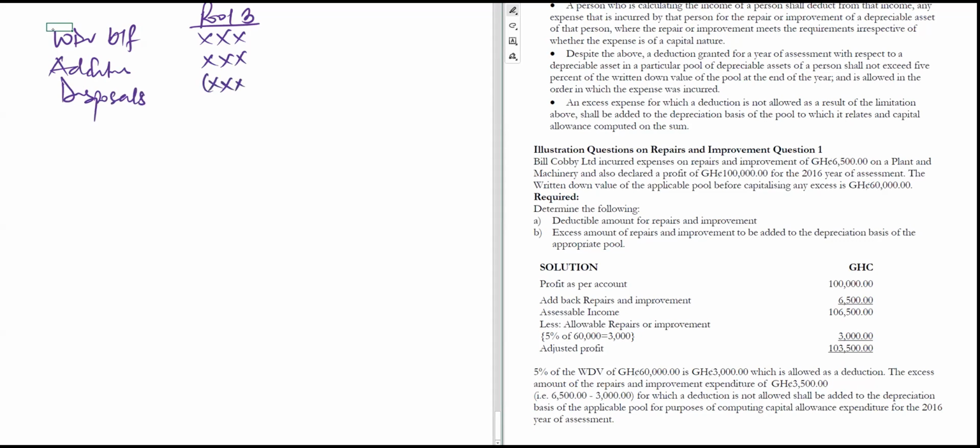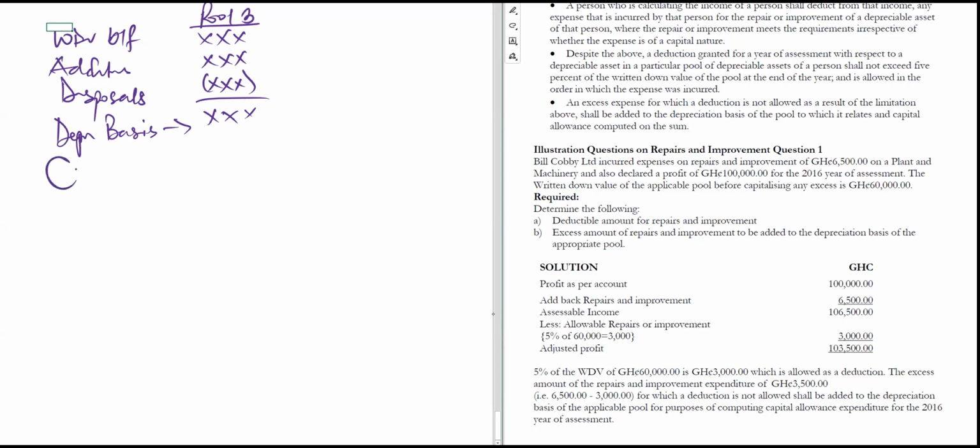I think this is what is making people make mistakes when it comes to repairs and improvement. Now, the commissioner should have made this working available, but he only provided this one. So people still keep making mistakes because they don't know how to get a written down value at the end of the year.